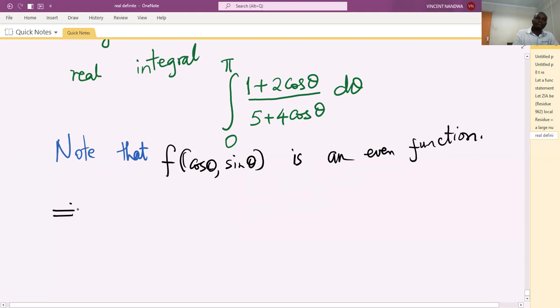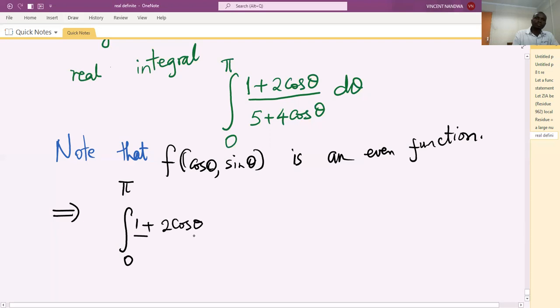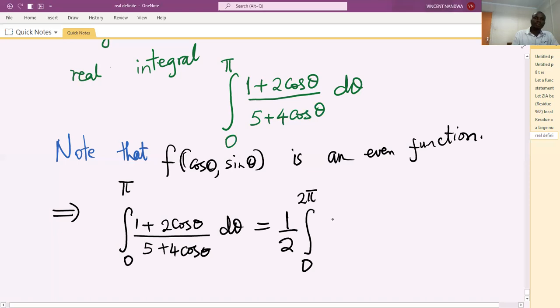So the integral from 0 to pi of (1 plus 2 cosine of theta) over (5 plus 4 cosine of theta) d theta is simply a half of the integral from 0 to 2 pi of (1 plus 2 cosine of theta) over (5 plus 4 cos of theta) d theta.